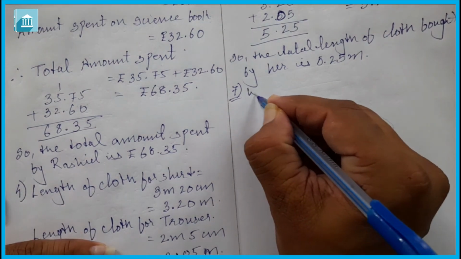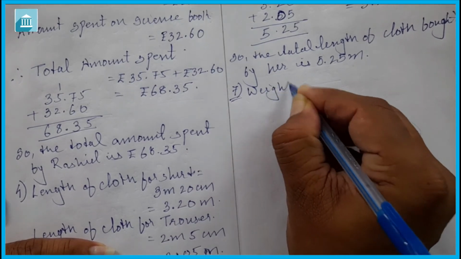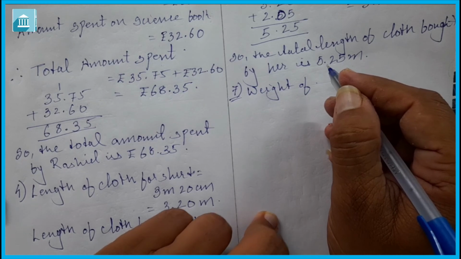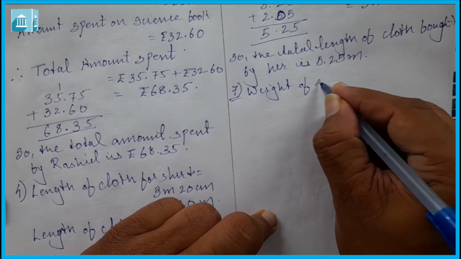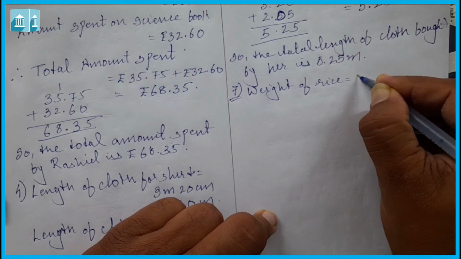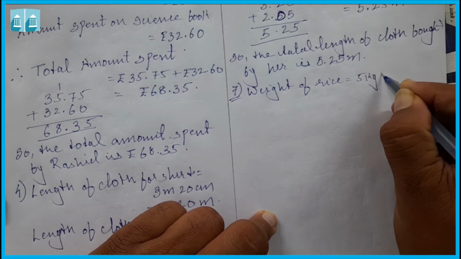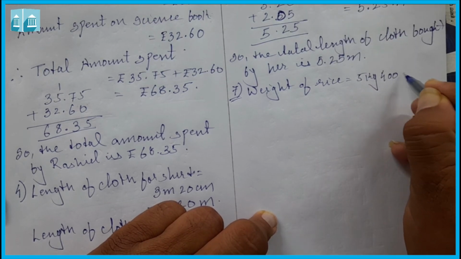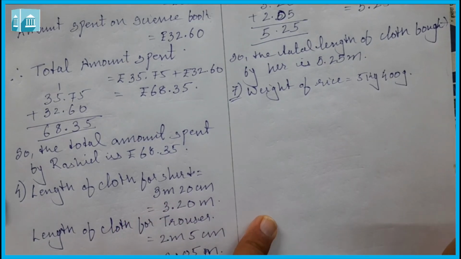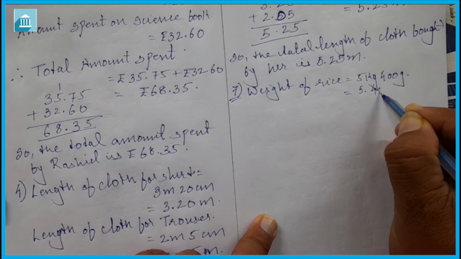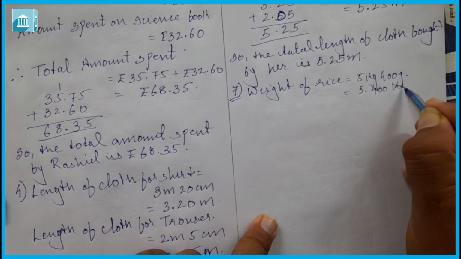So here we can say weight of rice, it is given 5 kg 400 gram, which will be equal to 5.400 kg.